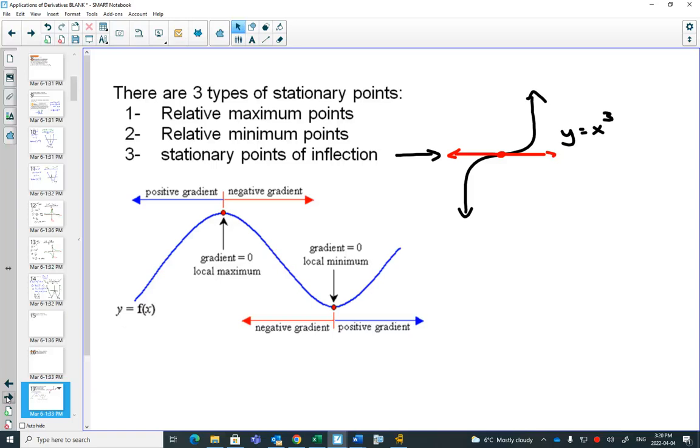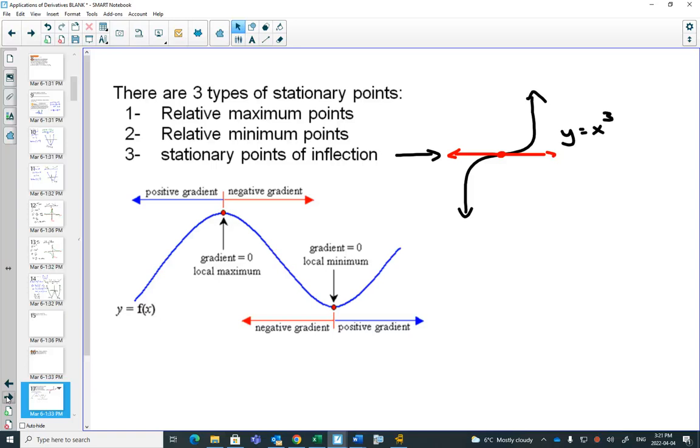So we're going to be able to tell you have a maximum point when the following happens. First of all, the derivative is equal to 0, but that doesn't tell us it's a maximum or a minimum. It could be either, it could even be a stationary point of inflection. But if before where your derivative is 0, your slopes are positive before and negative afterwards, the only way that can happen is if you have a maximum at that point.